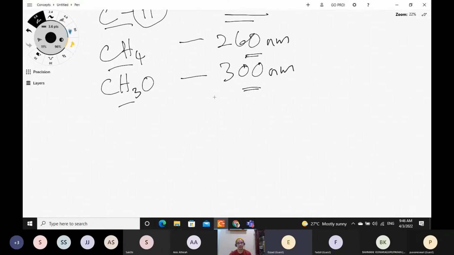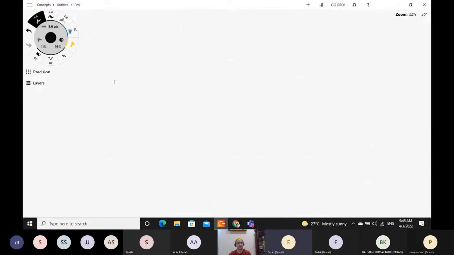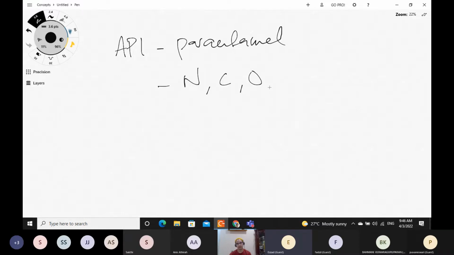So that's why dalam analisis, kalau kita ada contohnya kita nak detect the presence of paracetamol, the API untuk Panadol, paracetamol. So kalau kamu Google the molecules for paracetamol ni, it contains nitrogen, it contains carbon, it contains oxygen, it contains hydrogen.